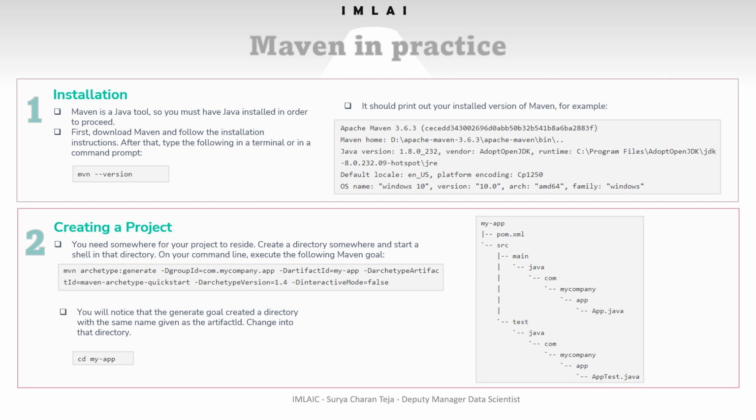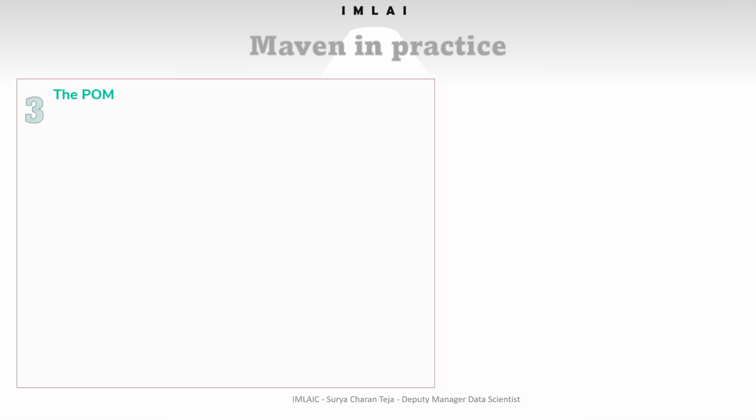Let's look into the pom.xml file that has been generated when we were creating our first project. The pom.xml file is the core of a project's configuration in Maven. It's a single configuration file that contains the majority of information required to build a project in just the way you want.